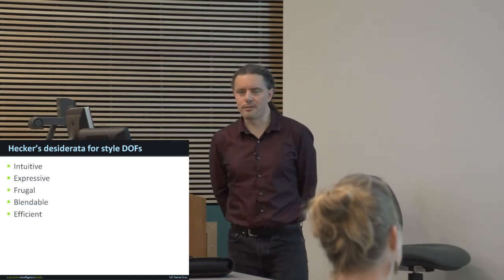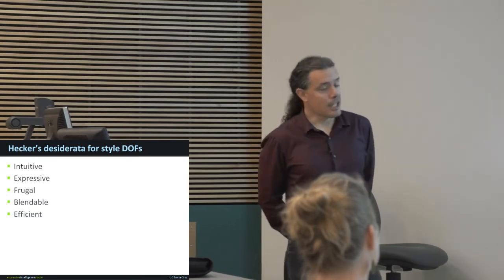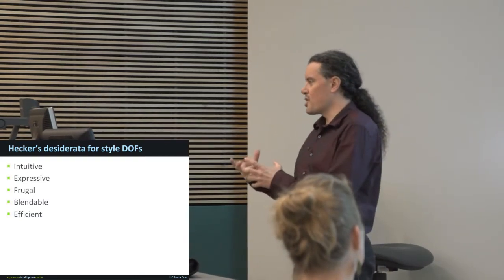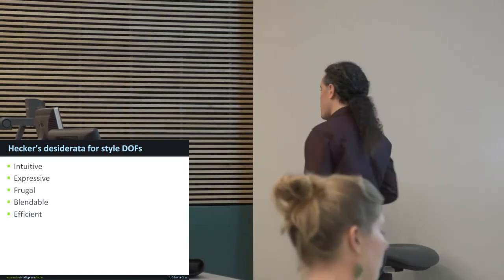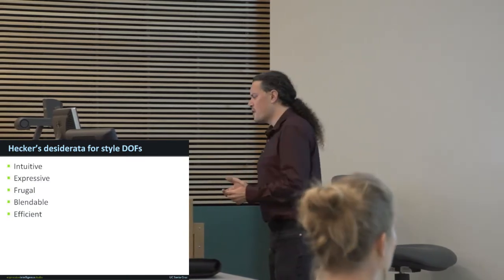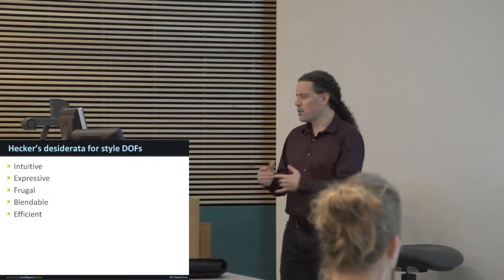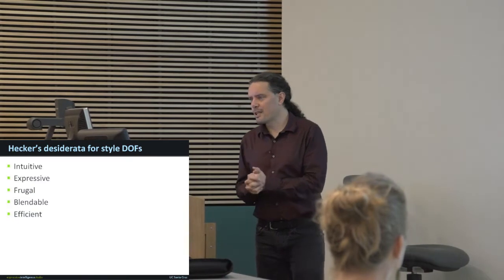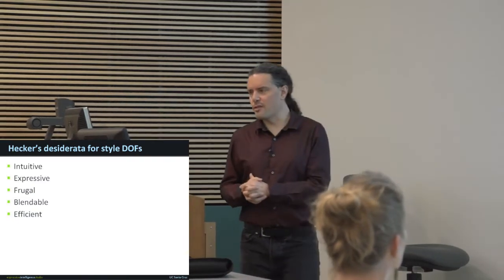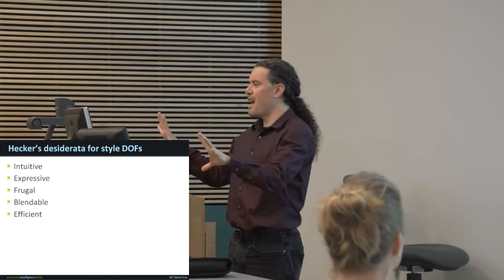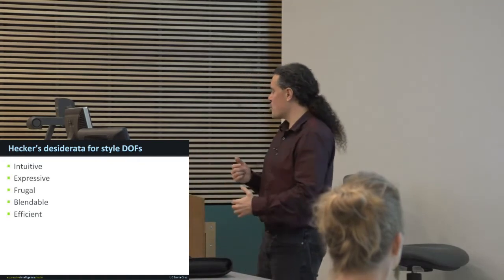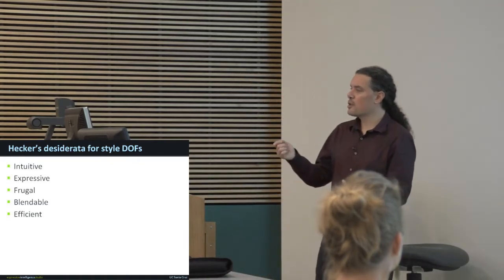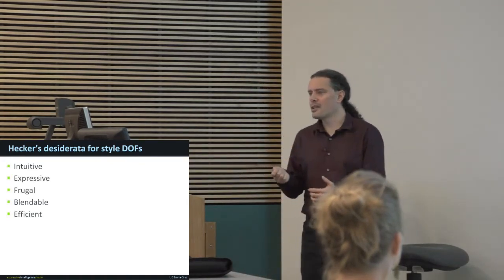DOFs are style degrees of freedom. So if you're thinking about the style representation, like in the case of Photoshop, you want things that are intuitive, expressive, frugal, blendable, and efficient. In the case of textures, a bitmap is a pretty intuitive representation of a texture. It's expressive. You can make any kind of texture you want. It's frugal.